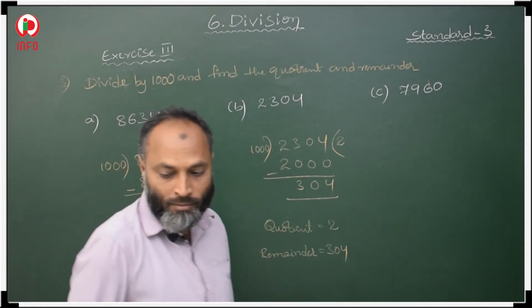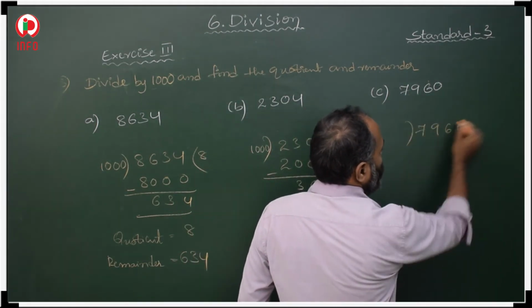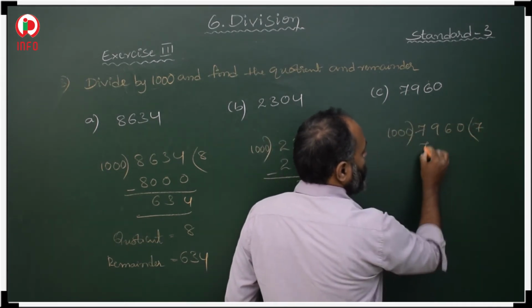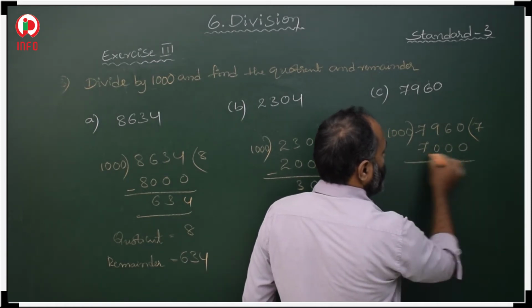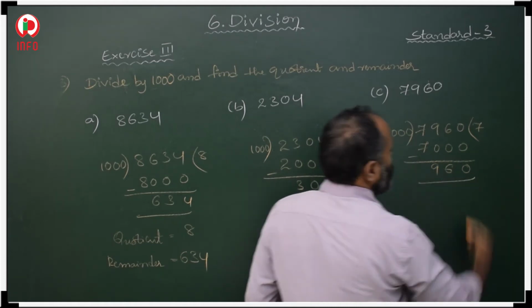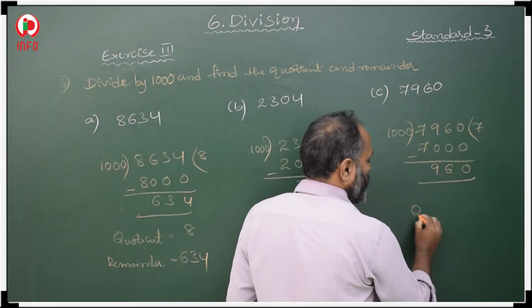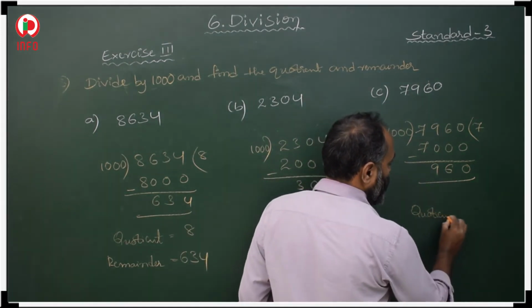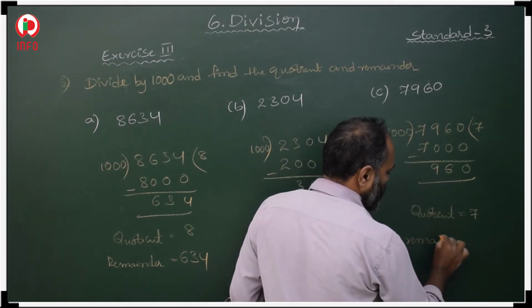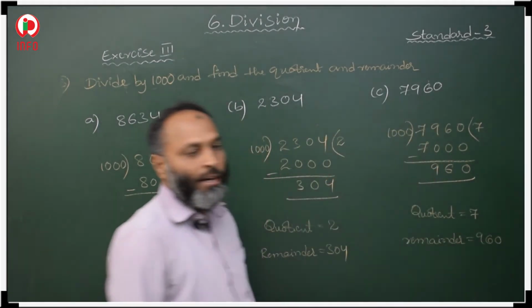Next, here 7960 we have to divide by 1000. 1000 7s are 7000, then 0 minus 0 is 0, 6 minus 0 is 6, 9 minus 0 is 9, 7 minus 7 is 0. Then quotient is 7, remainder is 960.